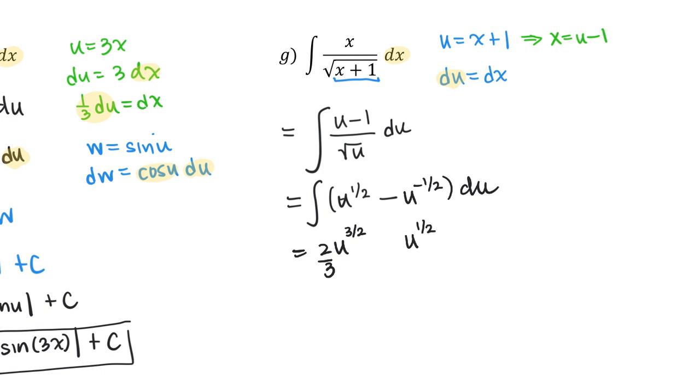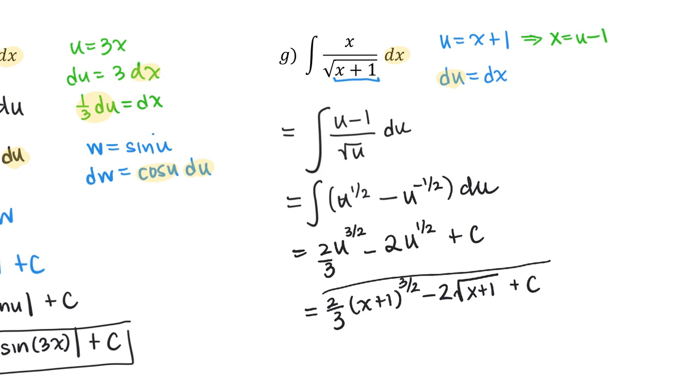I'm going to divide it by 1/2, which is like timesing it by 2, plus c. Okay, this is my final answer. If I take the derivative of this, I should end up getting that.